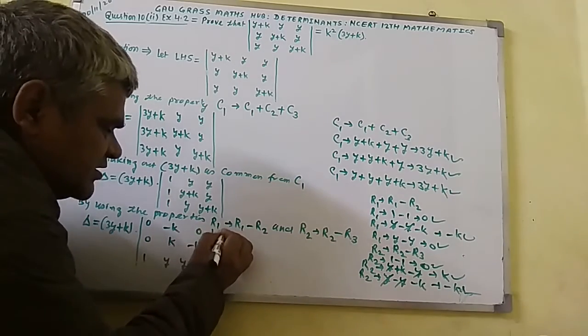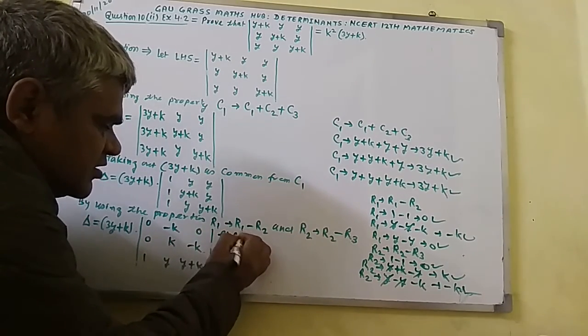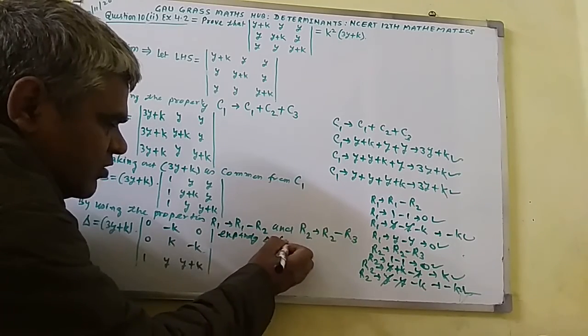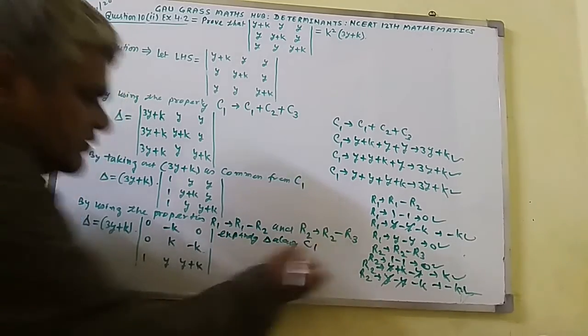So here I write expanding the determinant along C1.